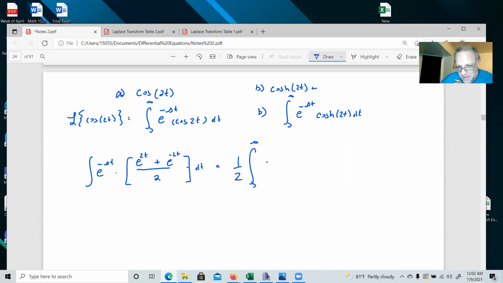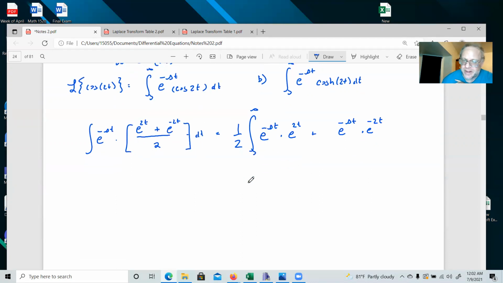We could take the 1/2 out in front, and say this is e to the negative st times e to the 2t, plus e to the negative st times e to the negative 2t. We could even break this further by making this two integrals, because that's really what we're going to be doing anyway, dt.